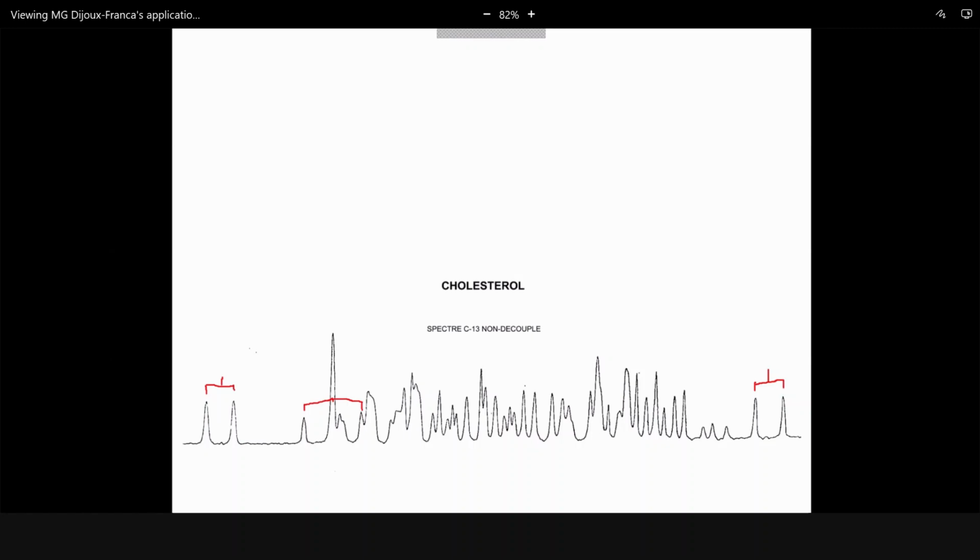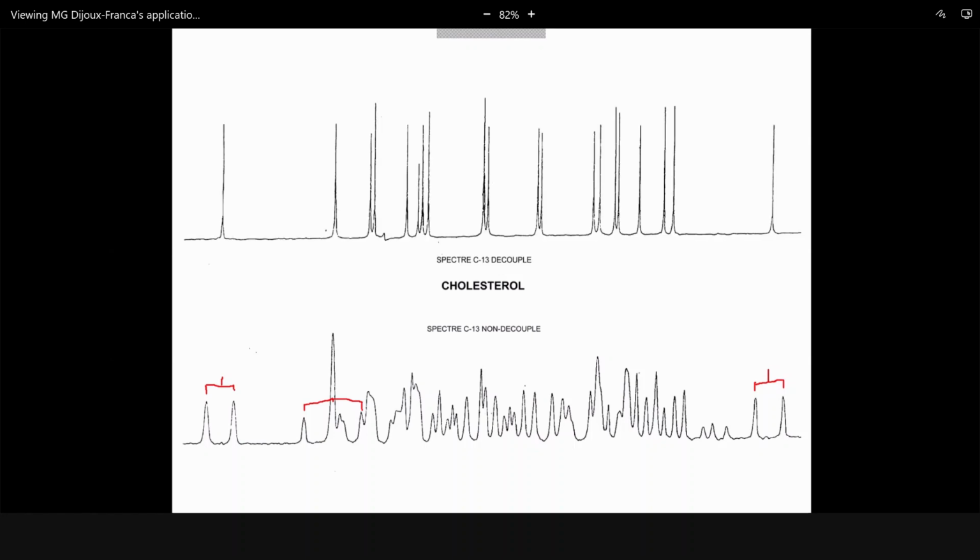I don't know what kind of peak I have to choose. So that's why it's better to decouple the spectrum. And then we know that the coupling is suppressed. We have a decoupled spectrum, and then we have only a singlet for every carbon.